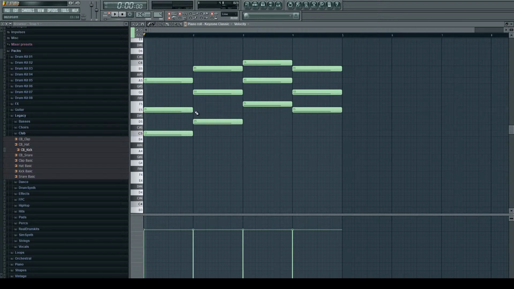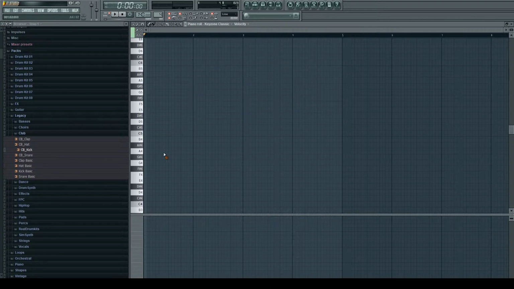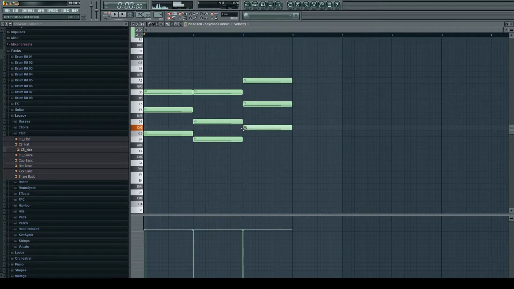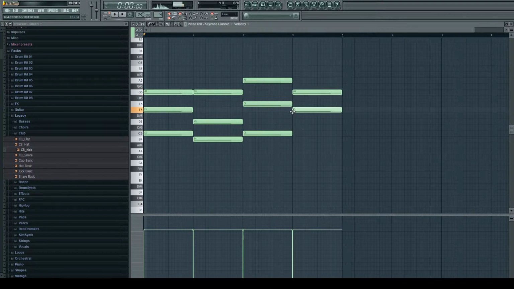So I'm just going to use 1515. Let's use block chords. Then back to C. There's nothing wrong with using a tonic.